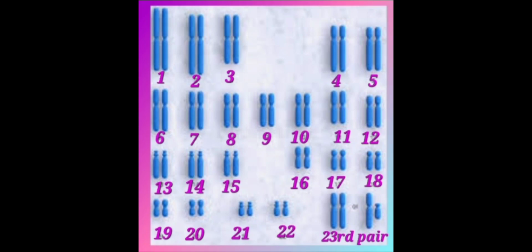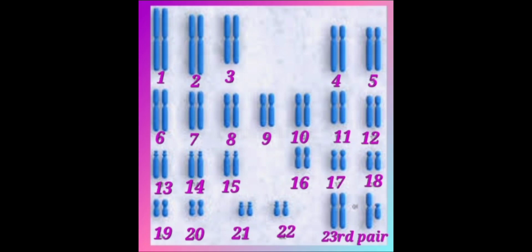That is, chromosome number 1 being the largest and chromosome number 22 is supposed to be the smallest. But of late it has been found that chromosome number 1 is indeed the largest, which is around 3 times bigger than the smallest chromosome.